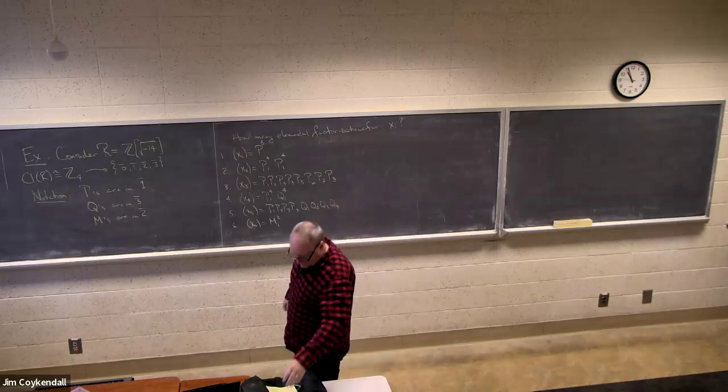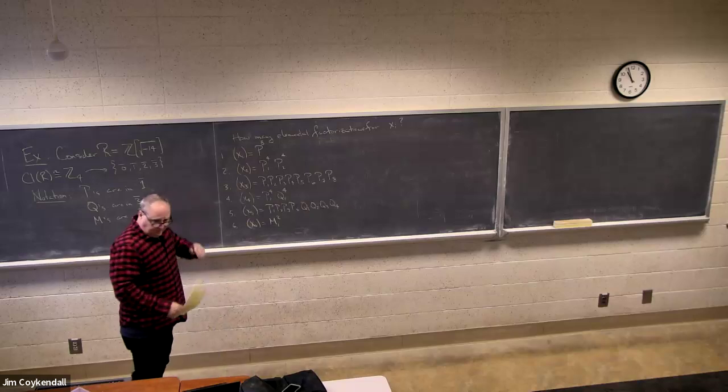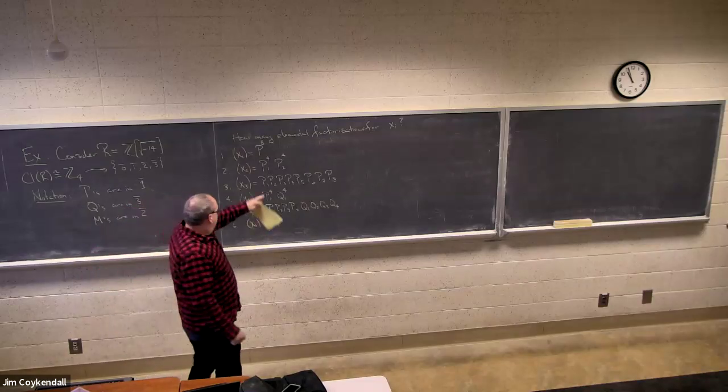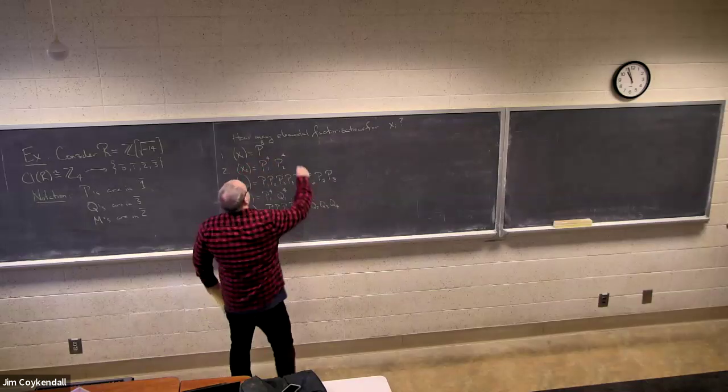How many factorizations do these have into elements? This only has one, up to associates, up to mucking around with by units.